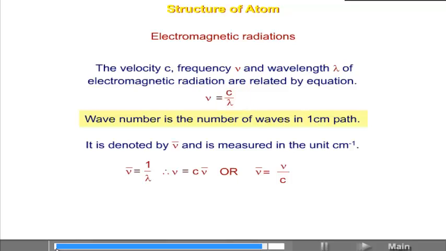Wave number is the number of waves in a centimeter path. It is denoted by nu bar and is measured in the unit centimeter inverse, that is per centimeter. Nu bar is equal to 1 upon lambda. Therefore, nu is equal to c nu bar, or nu bar is equal to nu upon c.